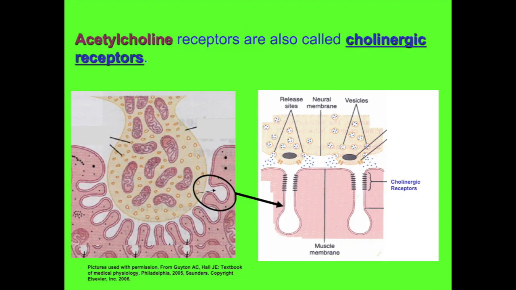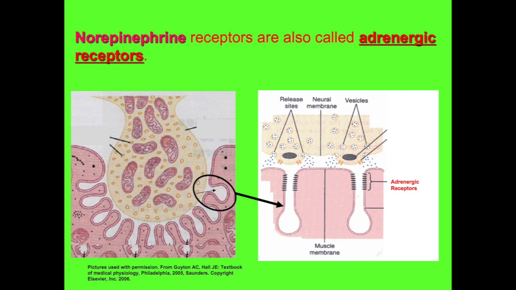So you see a picture here of the cholinergic receptors, which are obviously going to be for acetylcholine. So those granules of acetylcholine molecules will stimulate those receptors. And it's the same as with specific adrenergic receptors for the norepinephrine that's released from the nerve terminal.